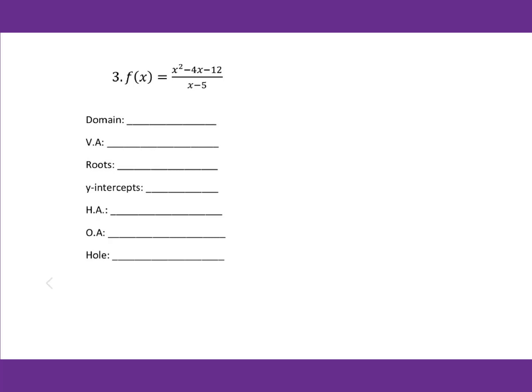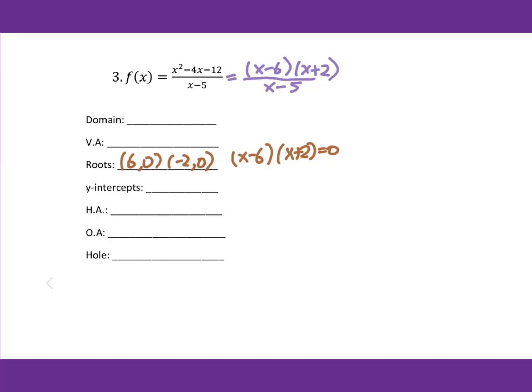Now let's go to number 3. Factor. You will get x minus 6, x plus 2, then x minus 5. Your roots, that will be set up x minus 6, x plus 2 equal to 0. So you get a 6, 0, and a negative 2, 0.